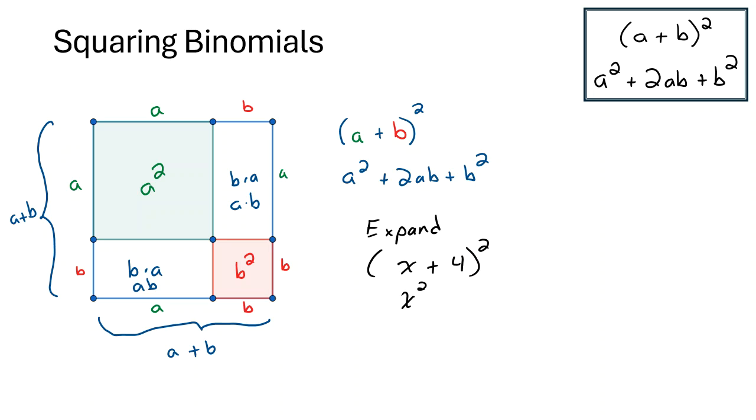And if I had $1 for every time I've seen this, I could retire and live on a private island. But what we need to remember is that we need to FOIL that out. So we'll end up with x squared plus 4x plus 4x plus 16.